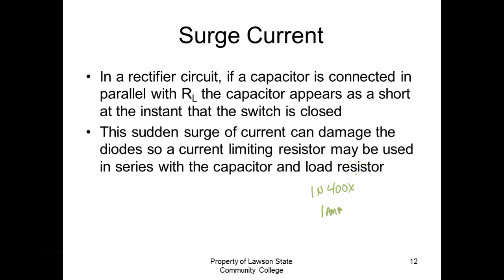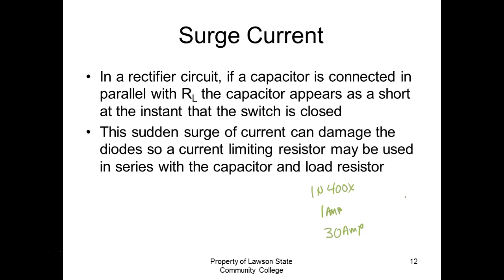Do you think when you first throw power that thing gets 1 amp? No, it don't. But it's got a 1 cycle surge current of 30 amps. So we don't have to put a resistor in for that, because those diodes can handle it when that capacitor originally charges.